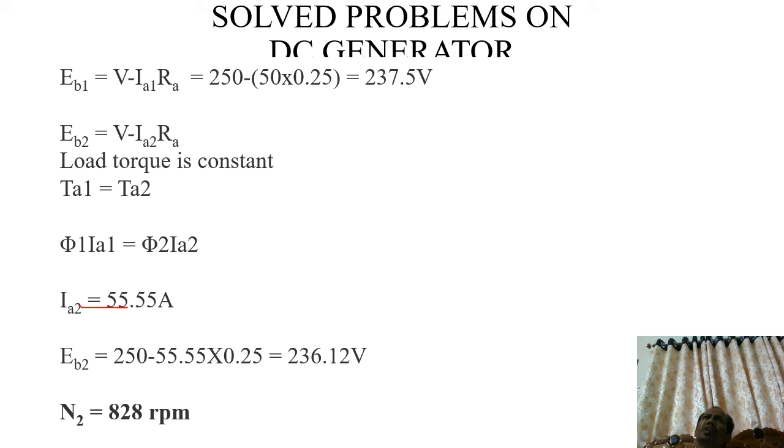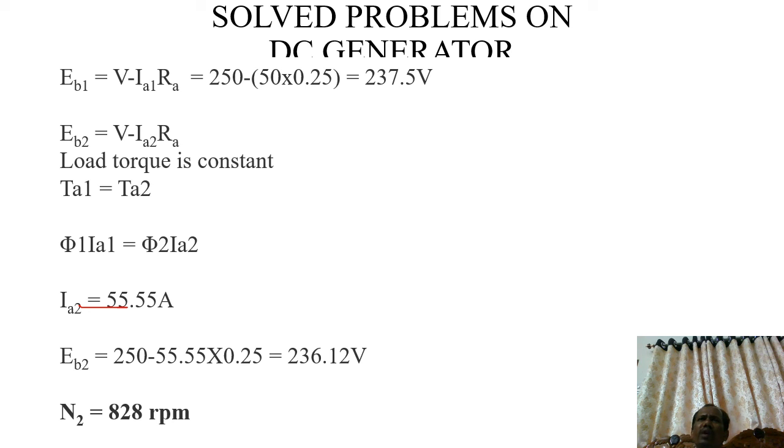In the case of the shunt generator, there is a shunt field winding connected across the armature, in parallel. The voltage V across the armature is the same across the shunt field winding.